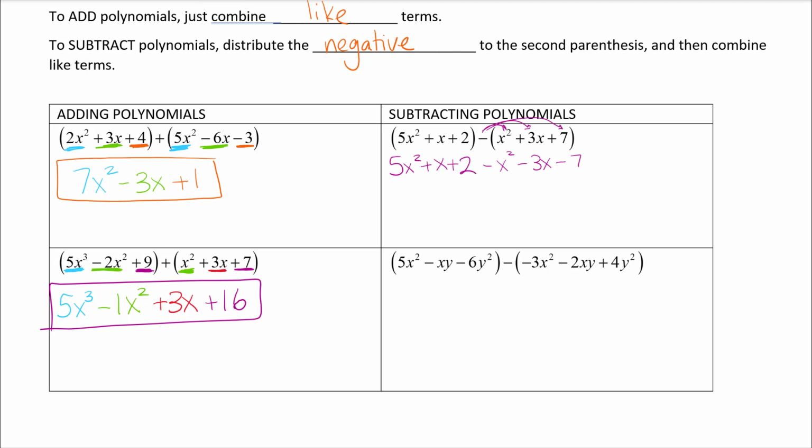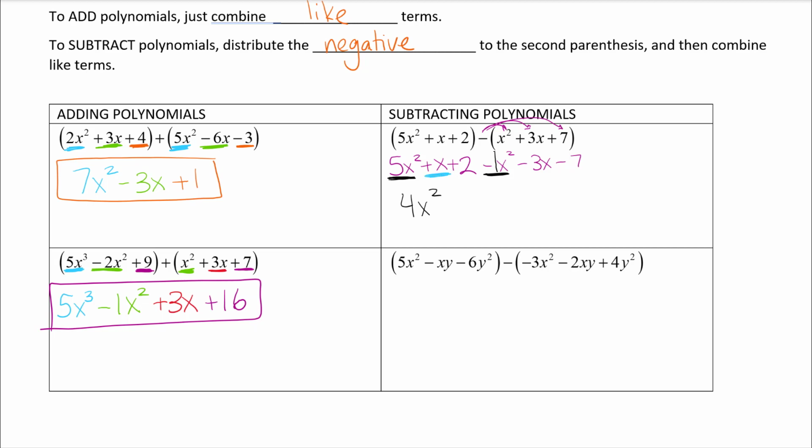At this point, I'm going to combine like terms. 5x squared minus x squared. Now, remember when you have an x squared, there is an invisible 1 in front. That is the multiplicative identity that tells you that there's a 1 in front, because 1 times anything is itself. So there must be an invisible coefficient of 1 there. So 5x squared minus 1x squared is 4x squared.